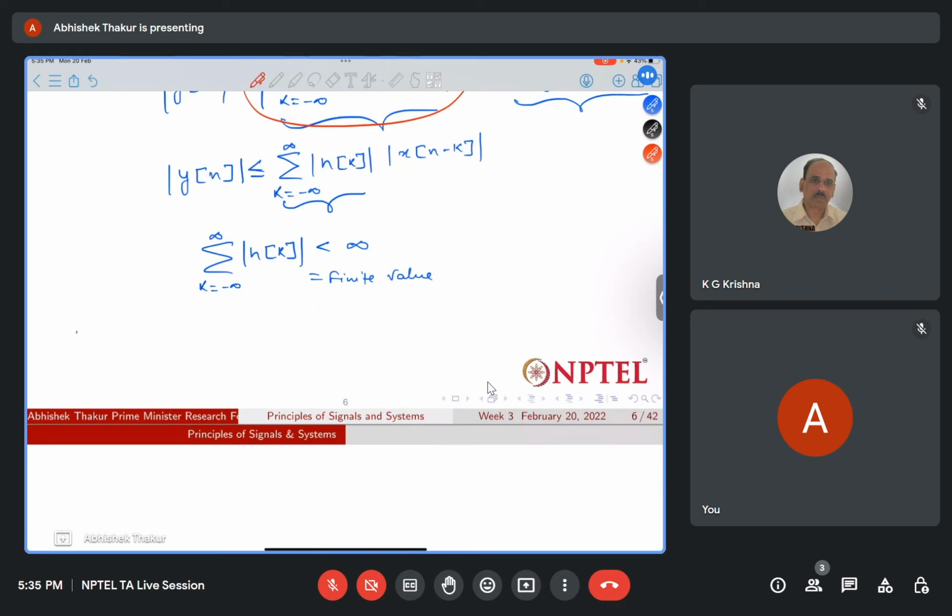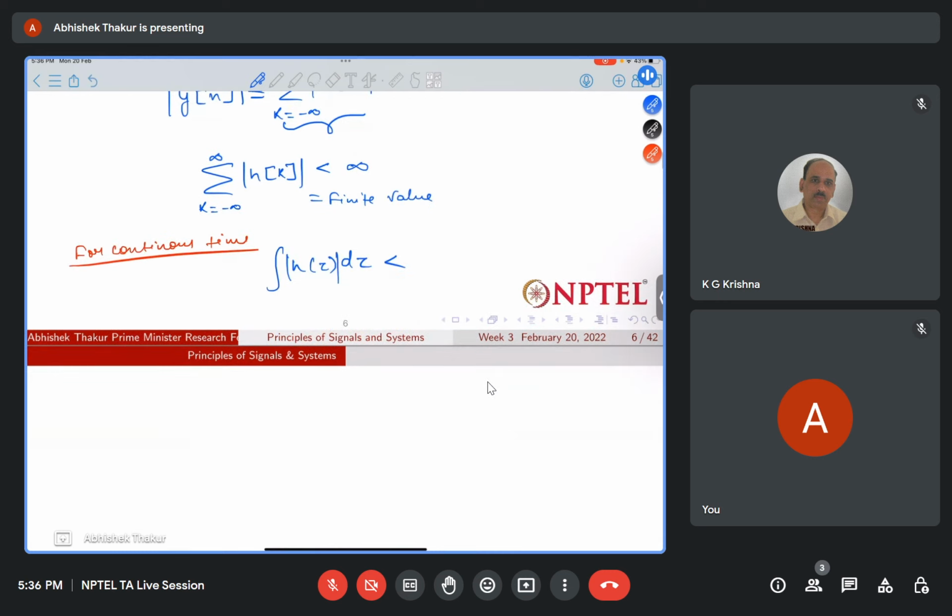And for continuous time, we just have to prove that this summation changes into an integration and h[k] changes into h of tau d tau, and that this is equal to some finite value or less than infinity.